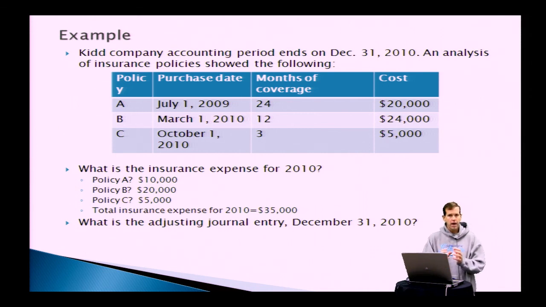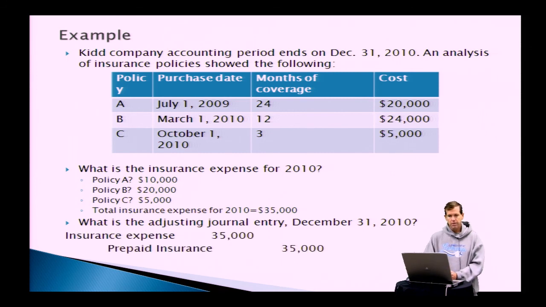Okay, now, what adjusting entry do we always need to make for a prepaid expense? Well, we always need to debit the expense and we need to credit the asset because we don't have as much prepaid insurance as we did at the start of the period. So we're going to debit the insurance expense for $35,000 and credit prepaid insurance for $35,000.